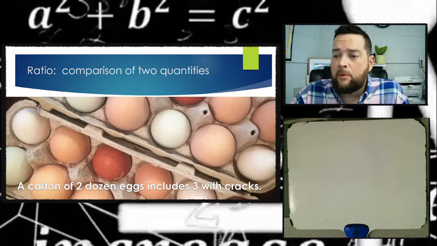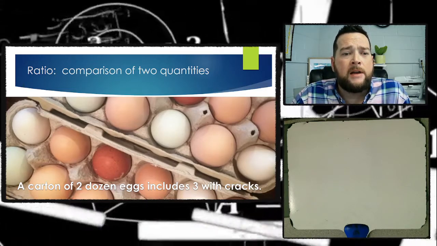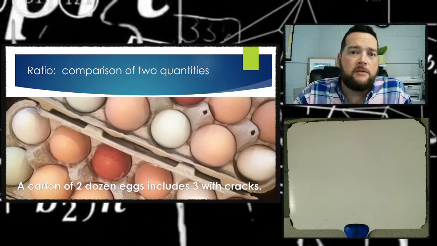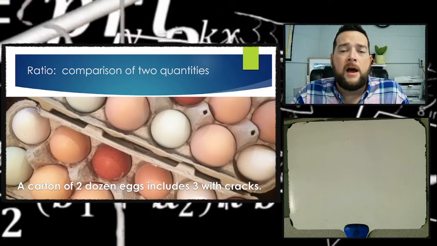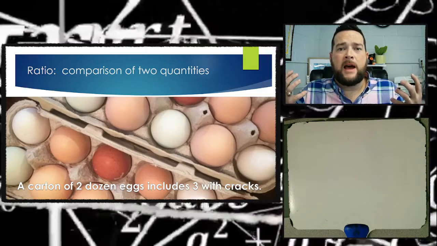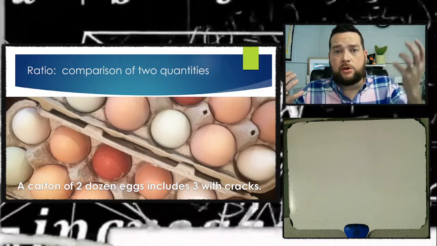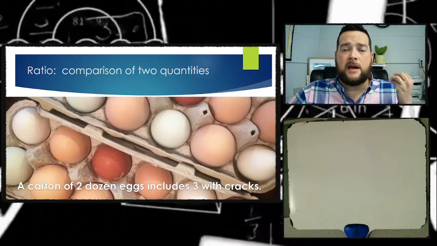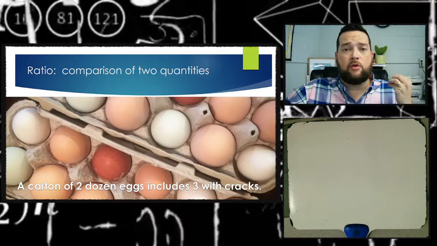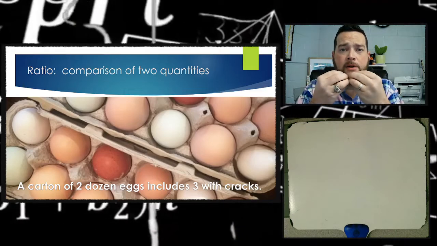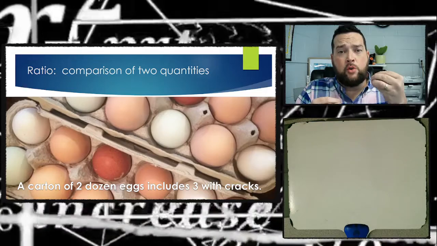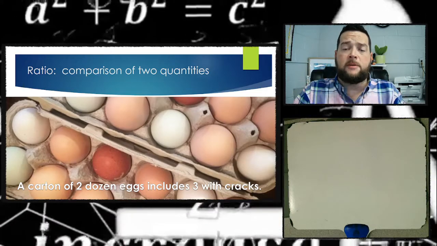Here's one example on your screen: you have a carton of 24 eggs, and 3 of them have cracks in them. Separately, you've got the concept of having 24 eggs, and then you have the concept that some eggs have cracks in them. When you put them together, they have a connecting point: this carton has 24 eggs, and 3 of them have cracks.